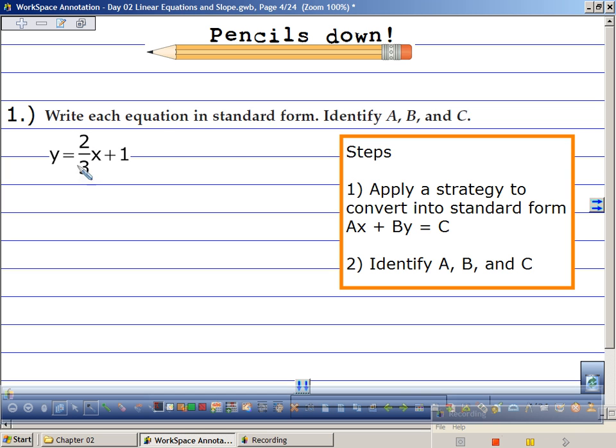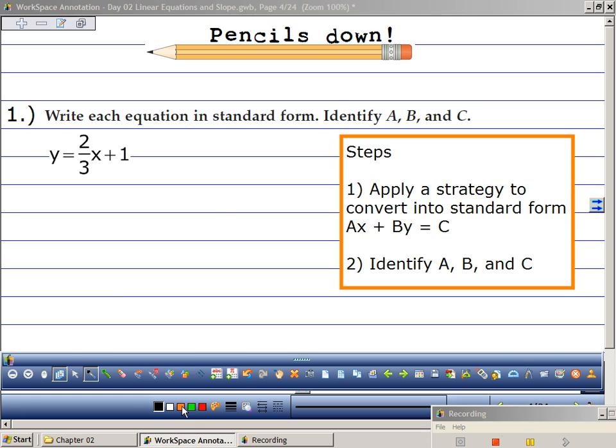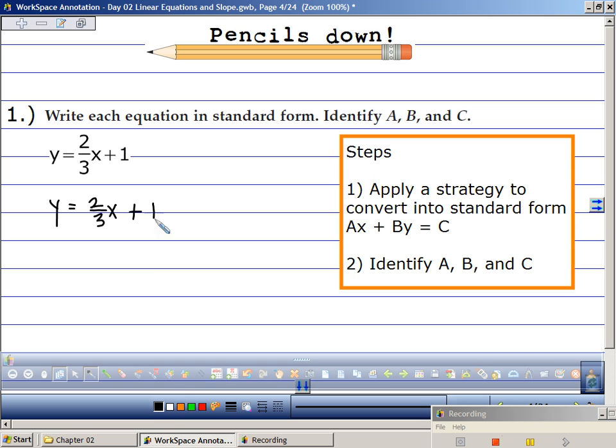All right? So in order to put it into standard form, I'm going to apply a strategy. Well, standard form does not have fractions. So I need to clear that denominator. So I'm going to have to multiply everything. Let me rewrite it first. Y equals 2/3 x plus 1.